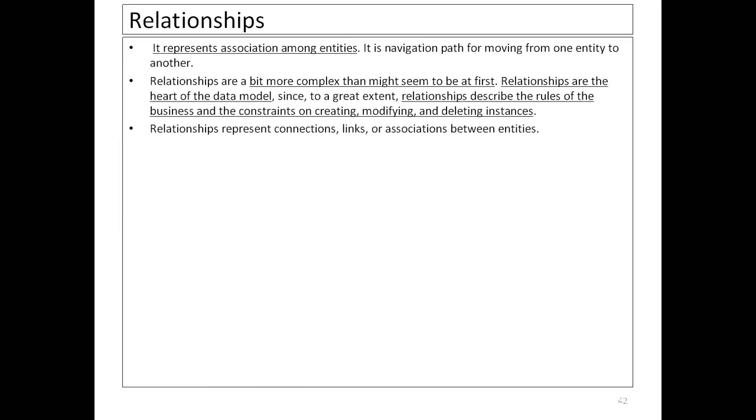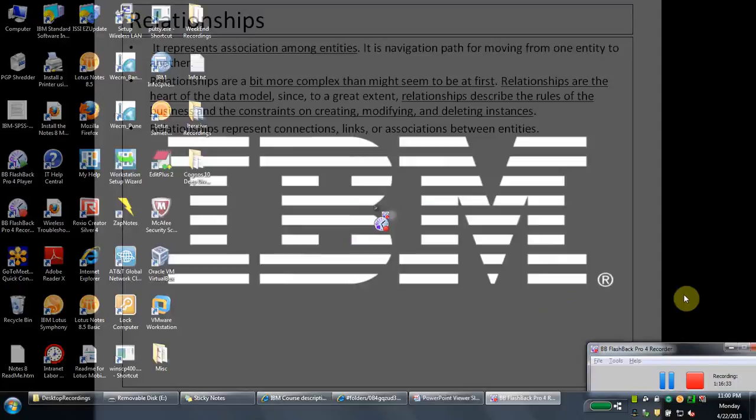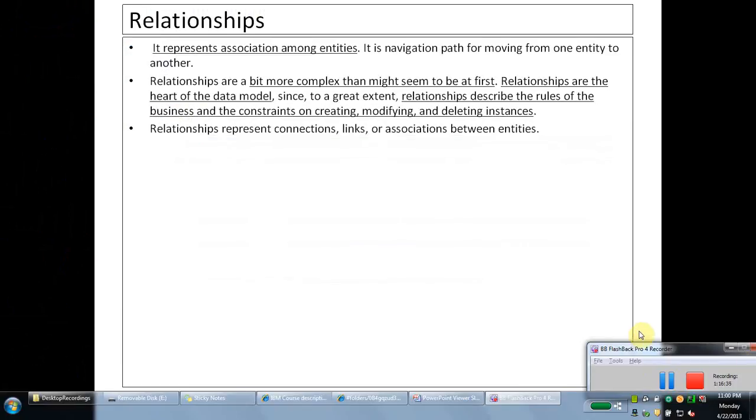Relationships. The more the relationships, the more the complexity. A relationship represents the association among entities. It is the navigation path for moving from one entity to another.